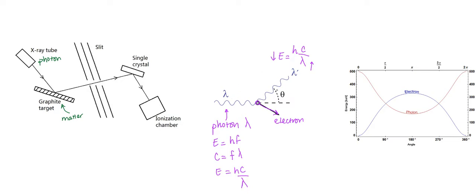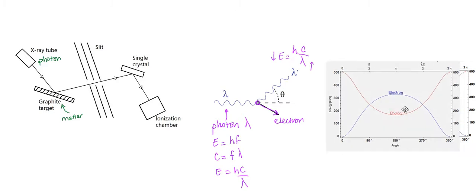And it turned out that there was a relationship between the angle at which the photon scattered once it interacted with the graphite target. So if we look over here at this little graph, we have energy in kiloelectron volts, and we have the angle of the experiment.